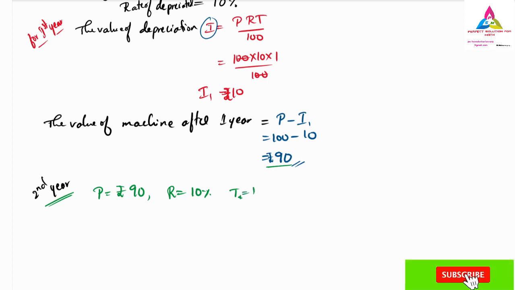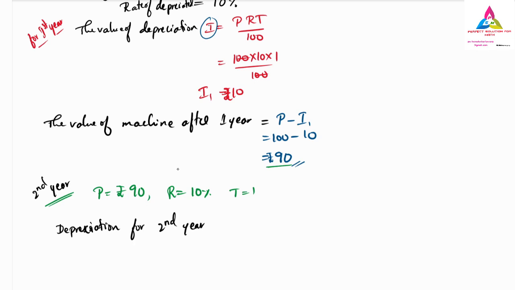Now we have to find the depreciation again for the second year. The depreciation for the first year we have found.